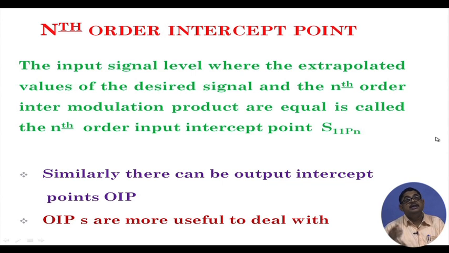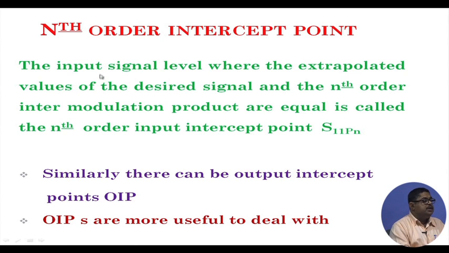At this value of the input, my intermodulation product is catching up, that means becoming the same as the original or linear signal, where the extrapolated values of the desired signal and the nth order intermodulation product become equal.